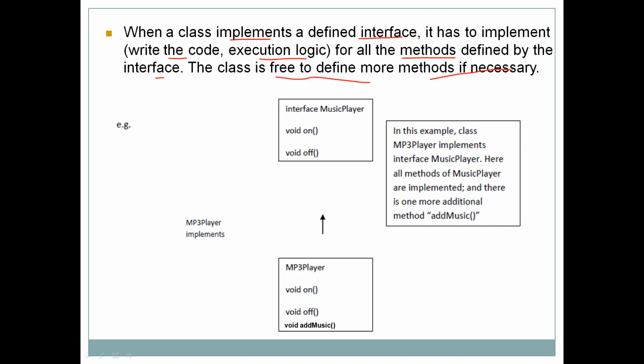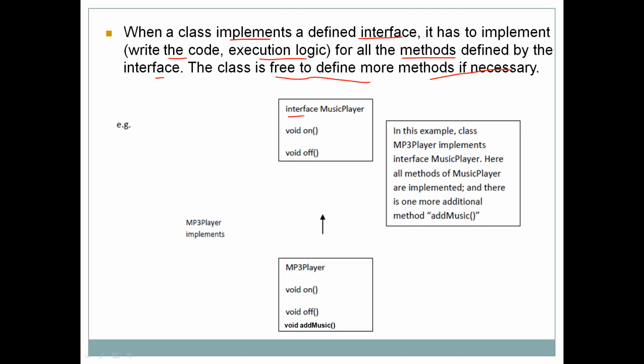If a class does not provide the implementation of all the methods from an interface, the class itself needs to be declared as abstract. Remember this. Now look at this example.